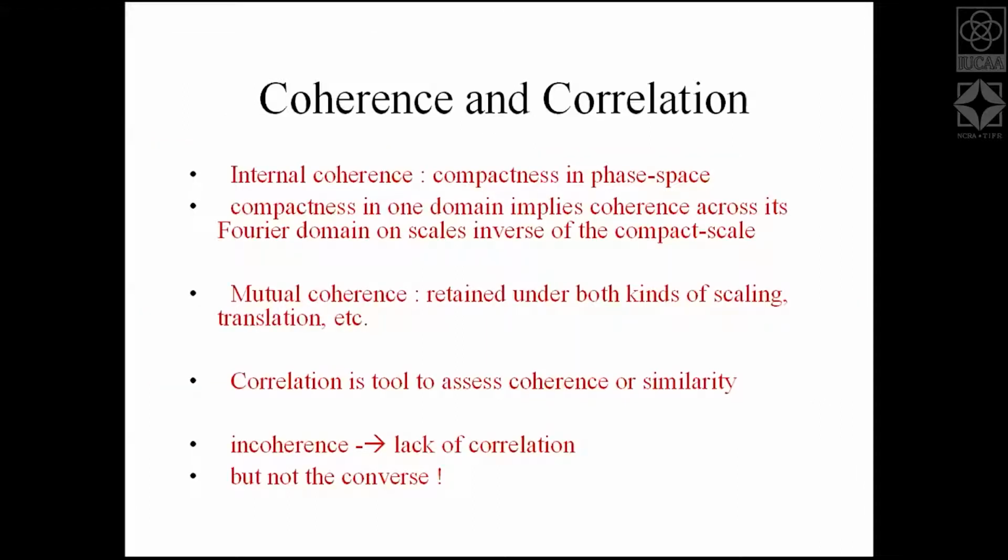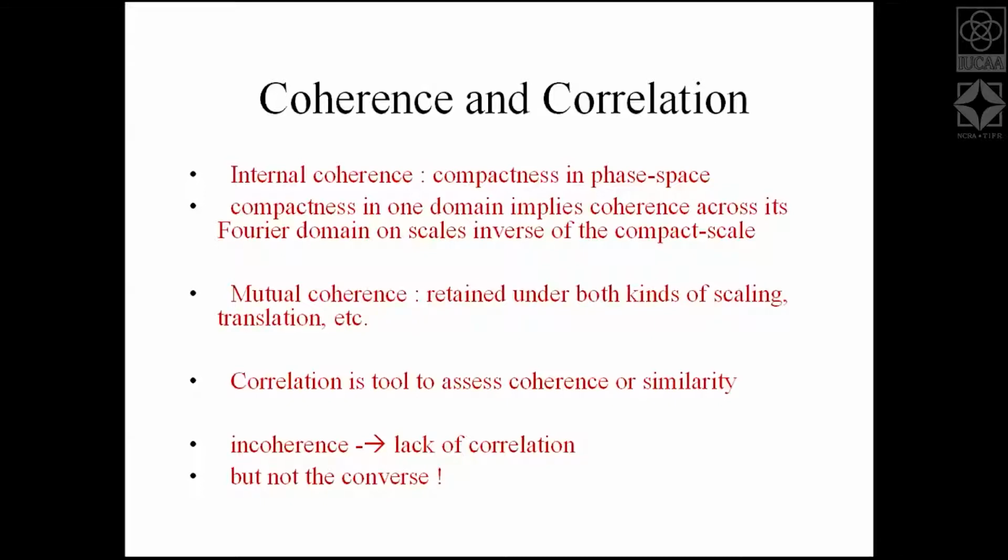In all this, we are using some concepts which, as I said, we are measuring the similarity between the signals. And really what we are trying to measure is the coherence in the signal. Coherence, many people understand just as described as two things are coherent if their phase difference is constant.